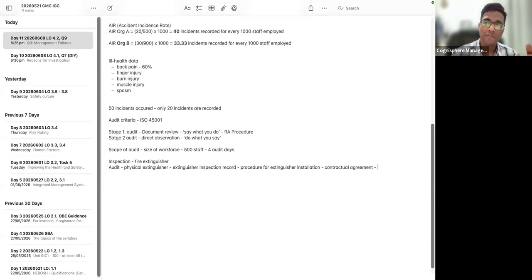Or if there is any defect, you identify how the defect is reported and how it is recorded. So what are your fire extinguisher defect reports? So everything from the procedures to the documents to the policies that you have for the extinguisher would be thoroughly examined.